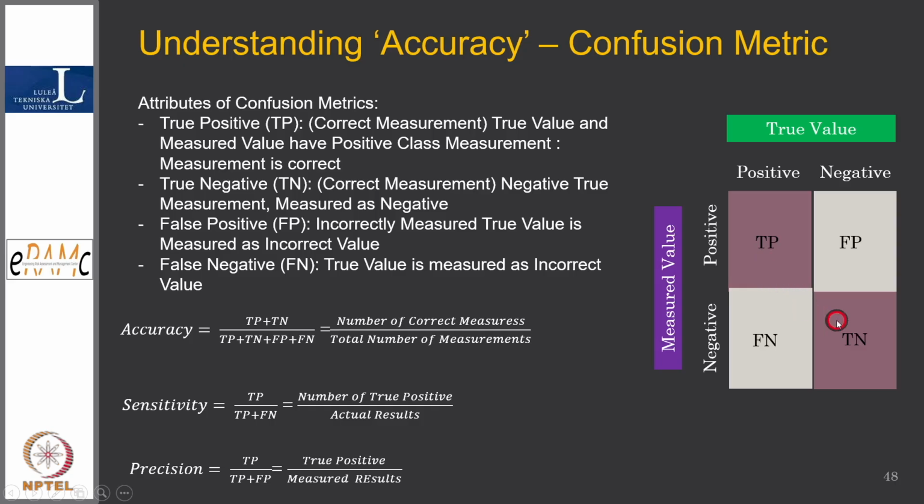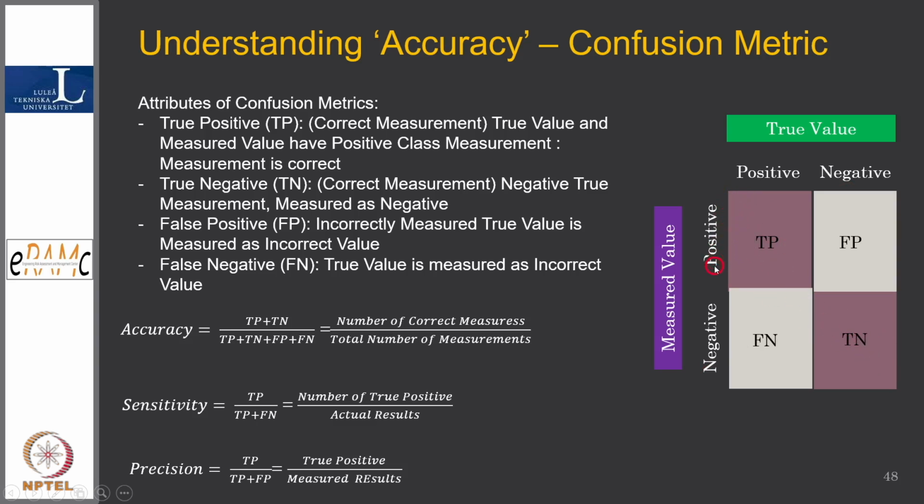Just for the understanding purpose, I will take the diagonal elements. True negative. You might say that my true value was wrong, and then it was shown wrong. So these two are where my measurement is correct.